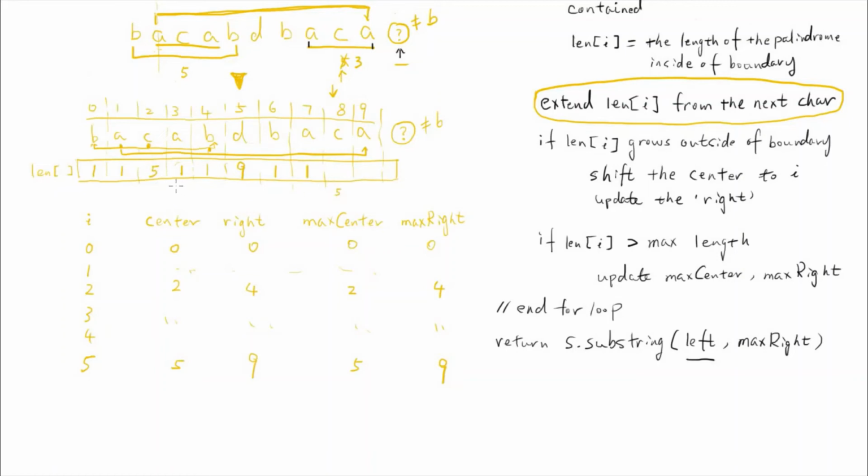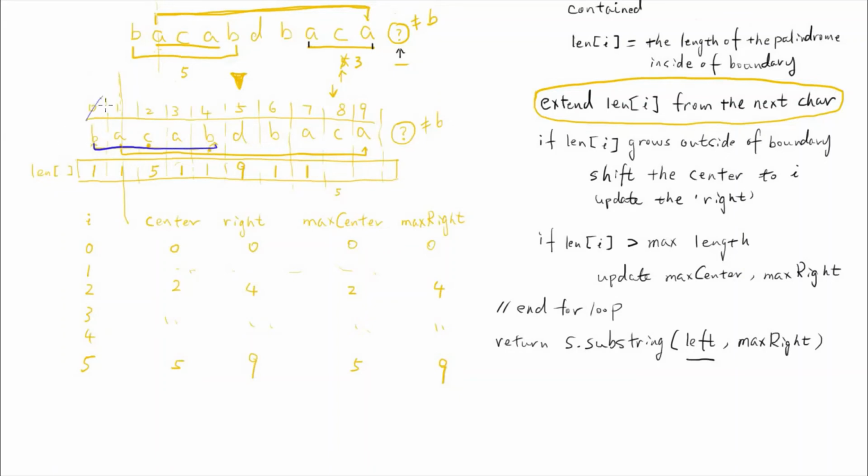But we cannot copy 5 to position 8 because the palindrome on the left side is partially contained. So we have our boundary here. The palindrome at the center C on the left side is partially contained, so we have to exclude the part outside of the boundary.